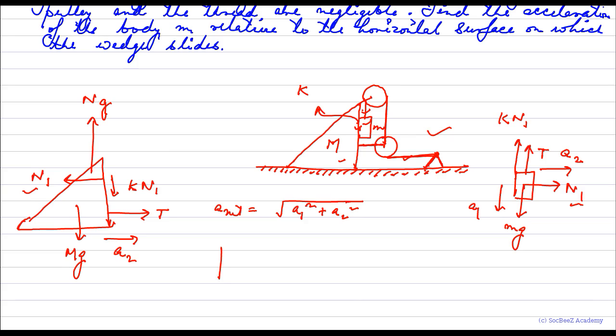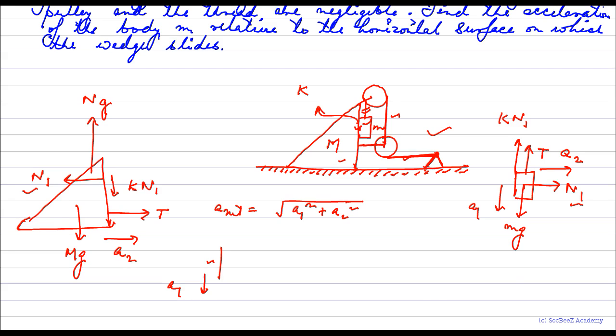The first segment being this segment: because the block is moving downwards with an acceleration of a1, it has a tendency to stretch itself with an acceleration of a1. This segment is not having any change in its length, so there isn't any tendency of this segment to stretch or to compress.